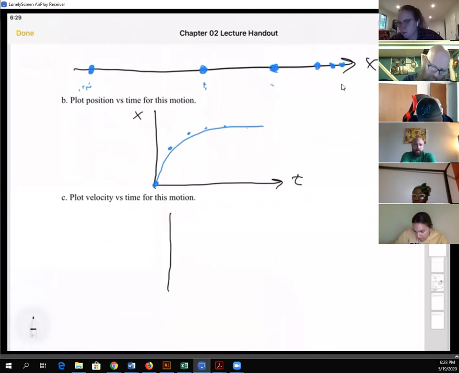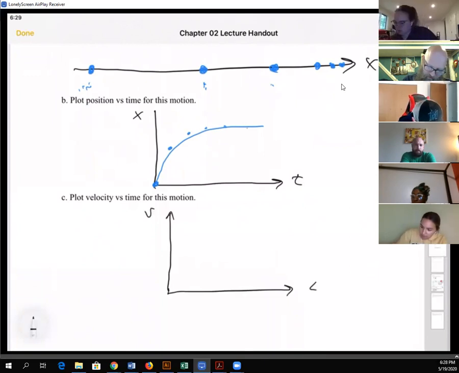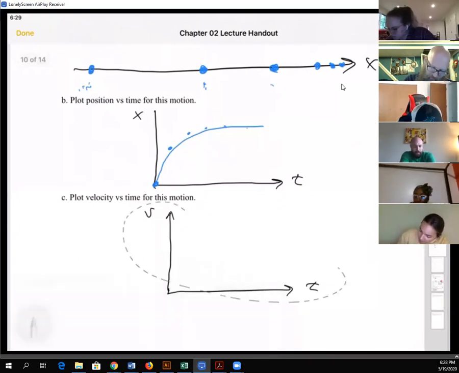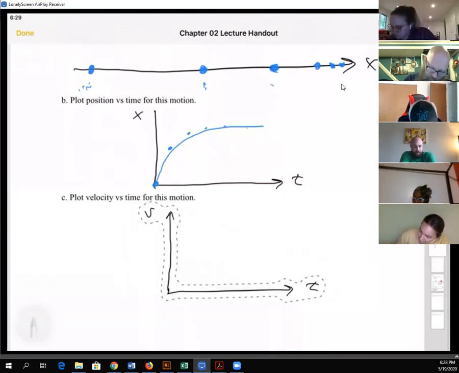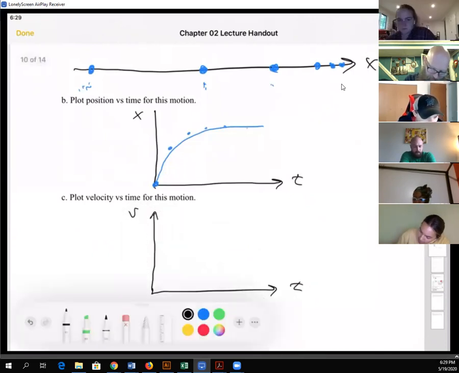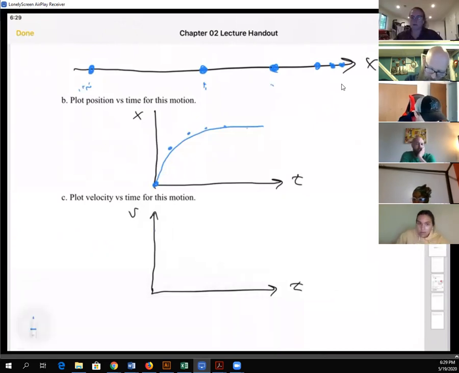Again, there's a V and there's a T. It's the slope of position versus time. So it's going to start big, and it gets smaller as you go.